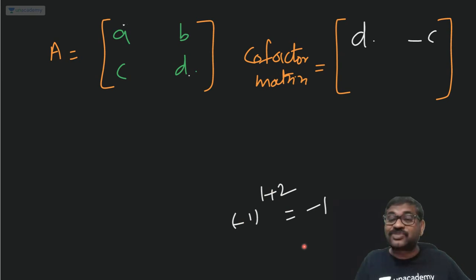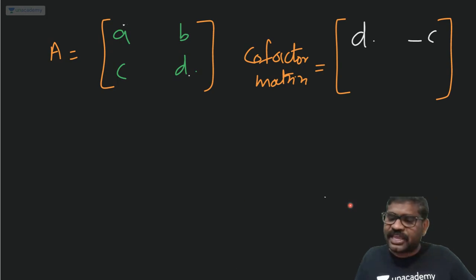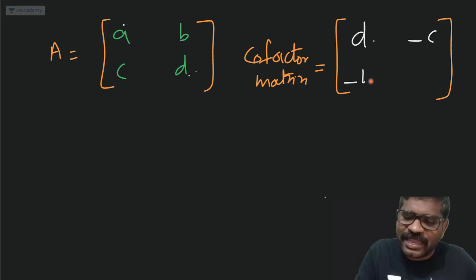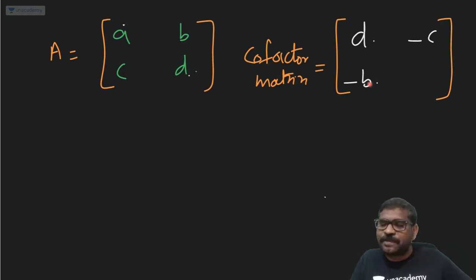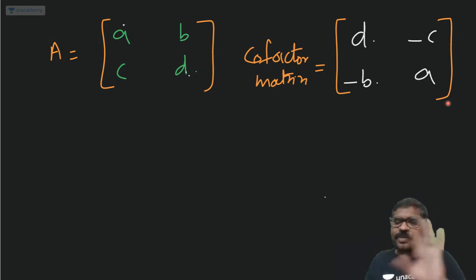That's why minus C. Next, cofactor of C is minus B, because second row, first column, 2 plus 1 odd number. That's why minus B. Now cofactor of D is A. That is cofactor matrix.